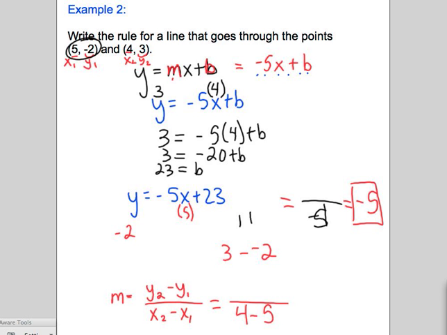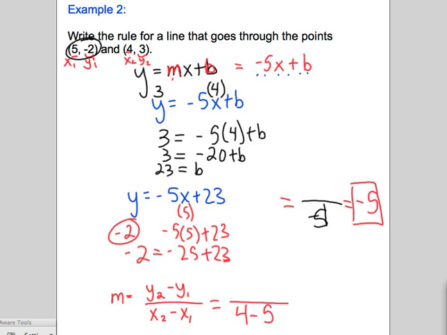The good news is you can always check your answers. So my rule right now is y equals negative 5x plus 23. But I'm just going to check it to make sure, because it should work for not just the first point that I plugged in, the (4, 3), but it should also work for (5, -2).